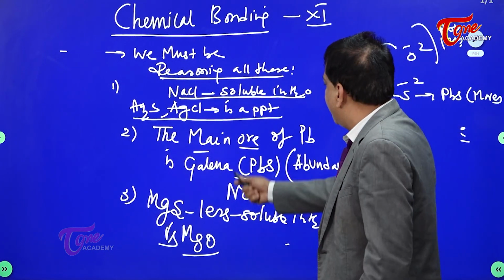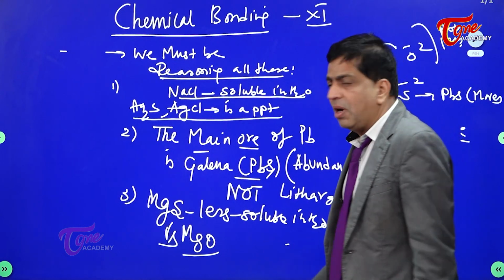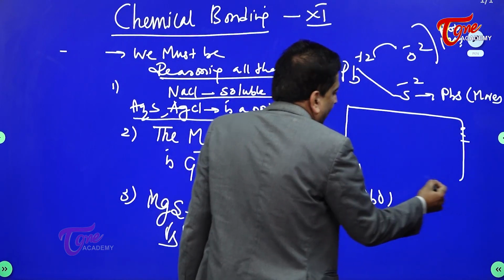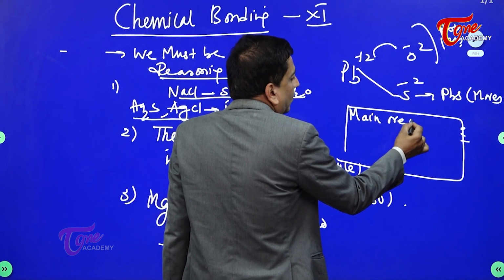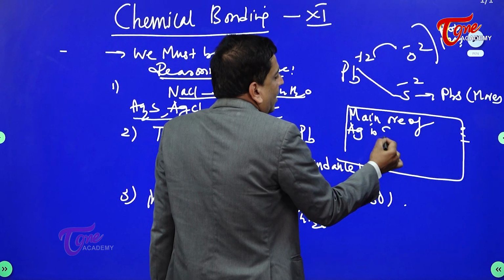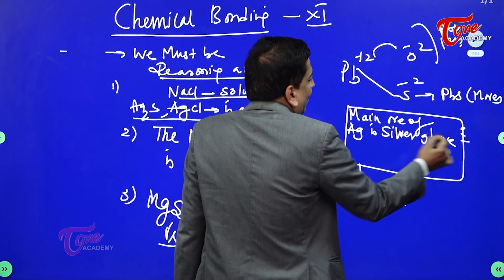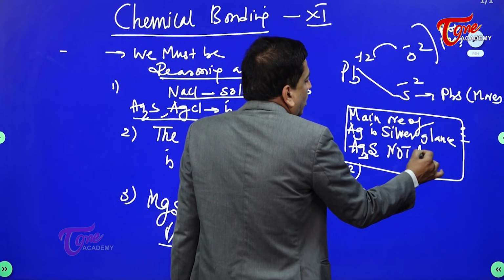And look at this. The main ore of lead is galena and not litharge. Similarly, the main ore of silver is silver glance, that is Ag2S, and not Ag2O.